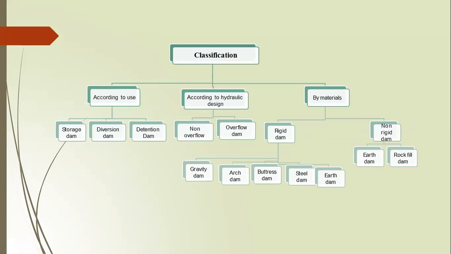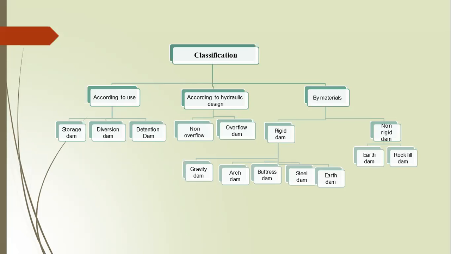So the first one is according to use. Again, we have a number of types. What will be the use? For storage, for diversion, for detention. As far as the hydraulic design is considered, then overflow and non-overflow can be the subtypes.